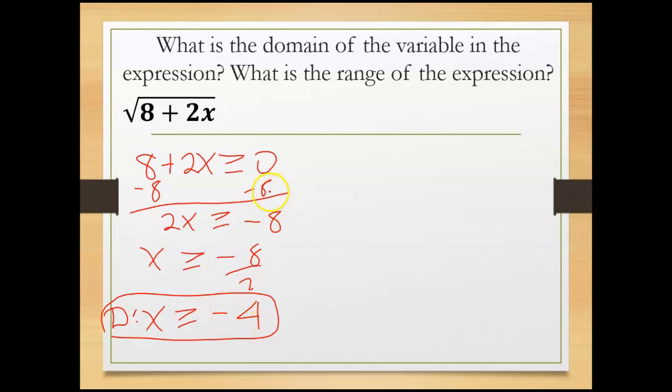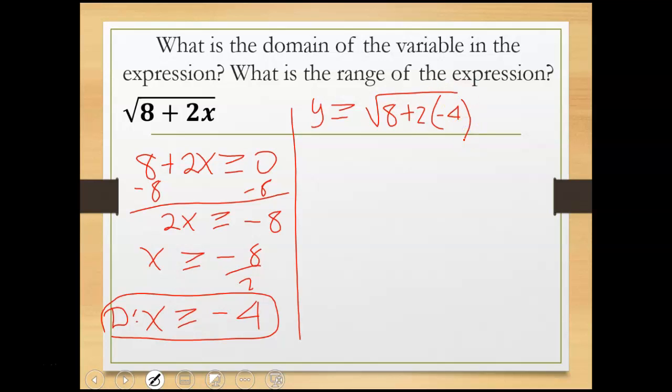So now what is the range? The range is the y values that we get starting from this x value. So we are going to plug it in. y has to be greater than or equal to the square root of 8 plus 2x, because the range can only come after you put in the x.